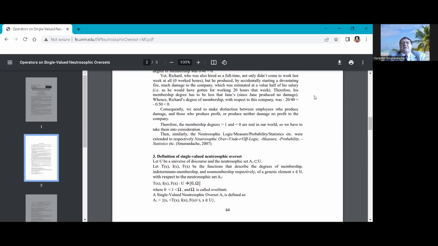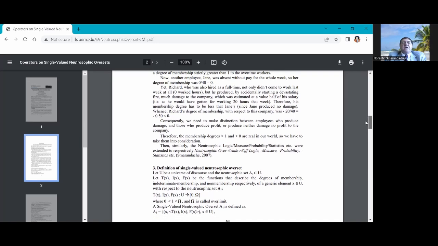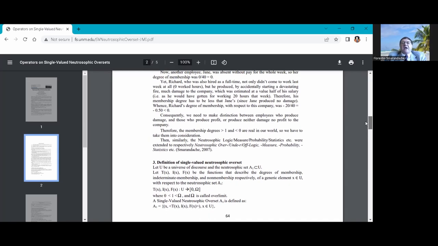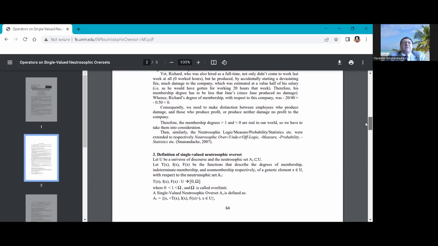It was necessary to consider it negative in order to distinguish Richard's membership from Jane's. Jane, not working at all, had a membership degree 0, but she did no damage to the company, so did not deserve any negative value.